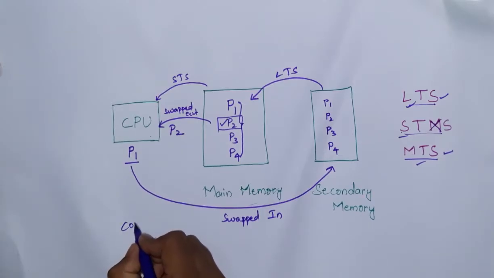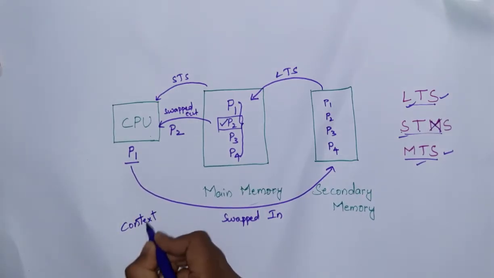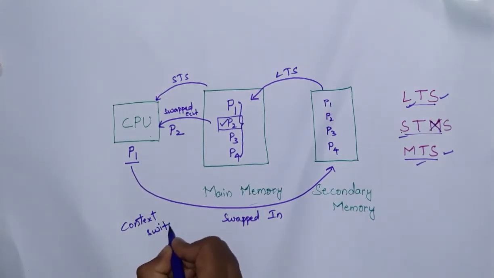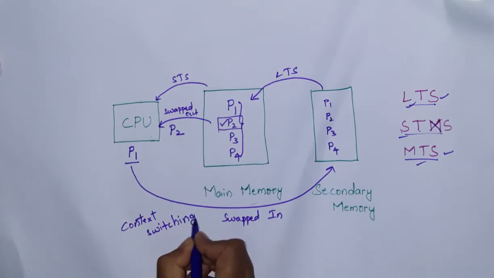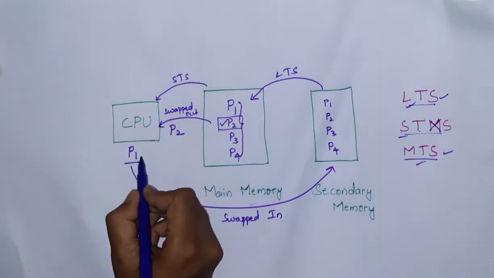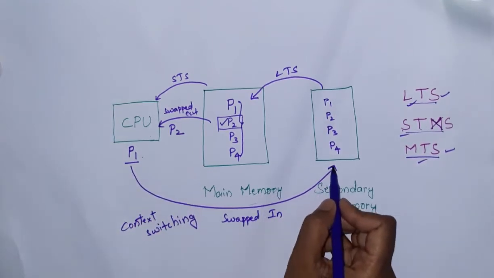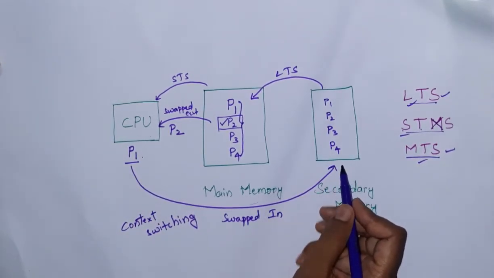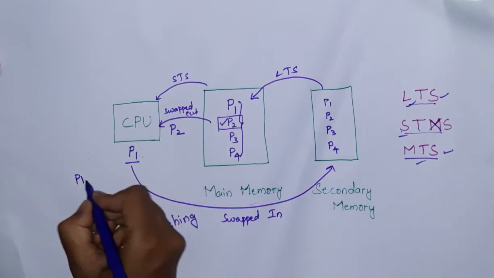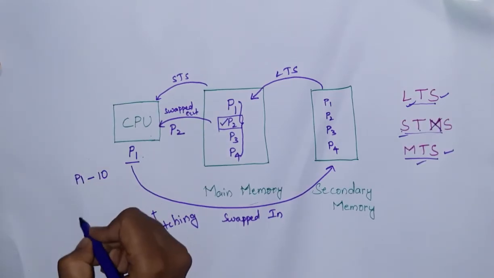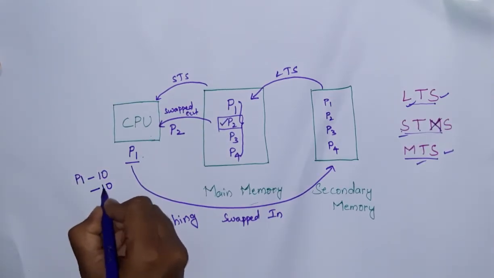Here only you can see the topic of context switching. What is meant by context switching? Now the P1 process has to leave the CPU and go back to the secondary memory. Of the P1 process, let us say only 10 instructions have executed, and 10 more instructions are there.